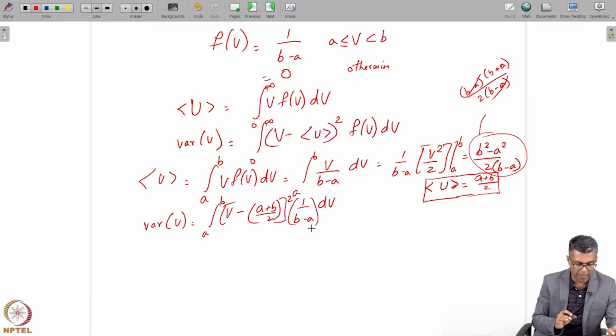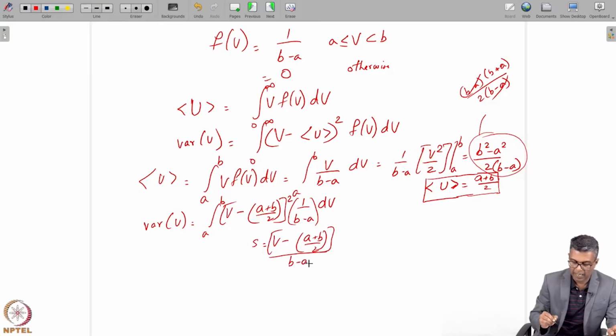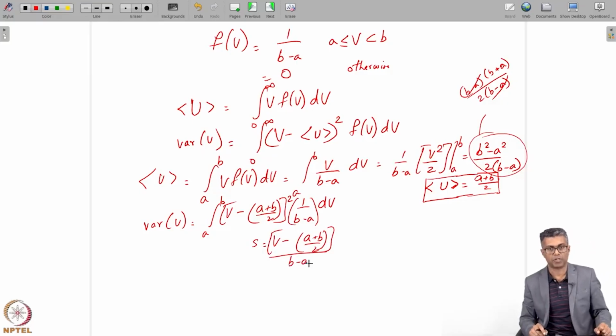Just so that I can make my integration slightly easier, I will make the substitution that s is equal to (v − (a + b)/2) divided by (b − a). I will make this as my substitution.